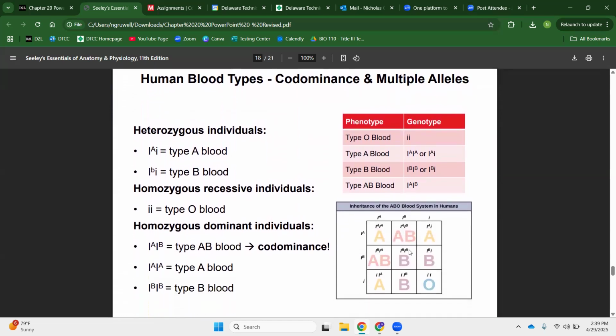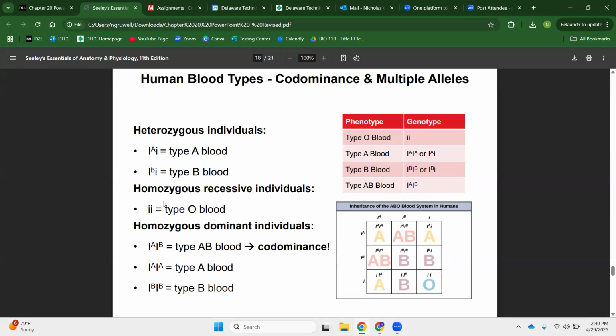So you're not necessarily going to be tested on figuring out blood type in terms of this Punnett square here, but this kind of shows how this codominance works. If we have IA with little i, that's type A blood because A is going to dominate over i. If you have IB with little i, you're going to have type B blood because B is going to beat out little i.